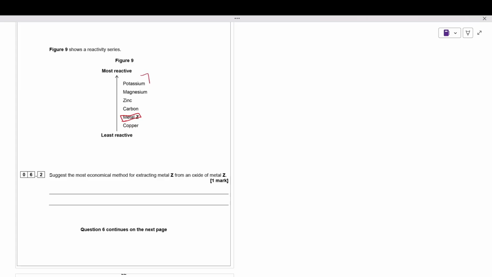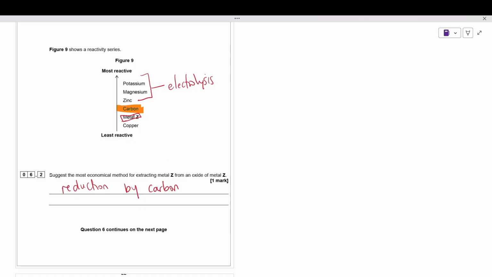Okay, so if you remember, metals that are above carbon, let me just highlight that carbon, metals that are above carbon are usually extracted by electrolysis. And electrolysis costs money because it uses electricity, a lot of it, in order for extraction to take place. So the most economic method that we can use for this is reduction by carbon.